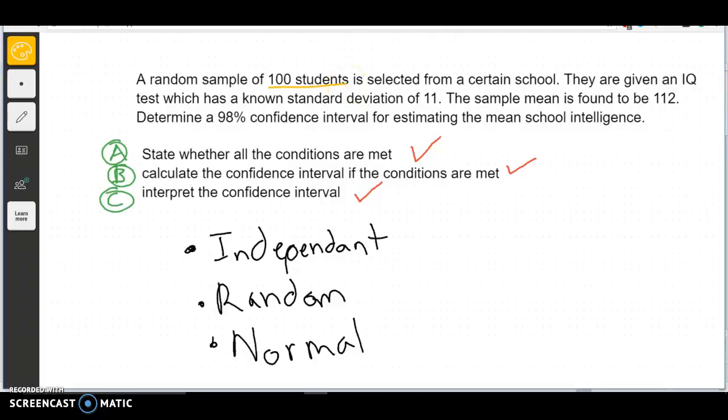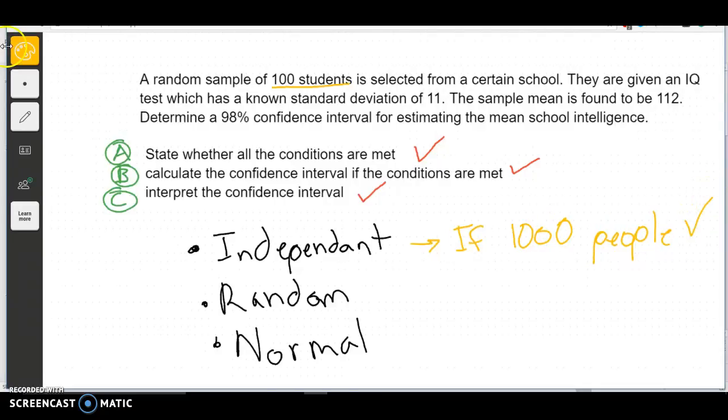So we just have to assume that the school has over 1,000 people. So we're just going to have to assume that's true, that if there is over 1,000 people, then we're good. We're going to assume that is, so check.